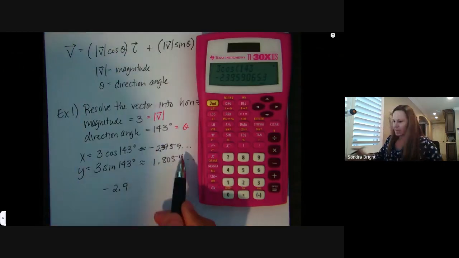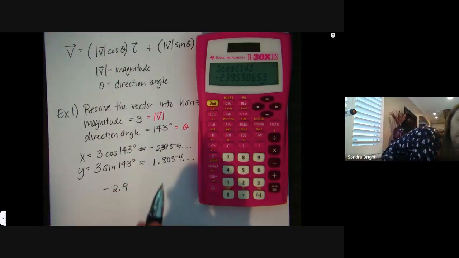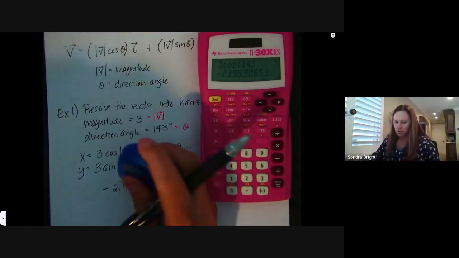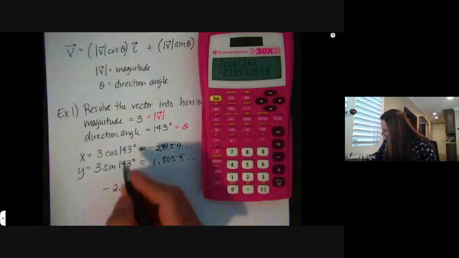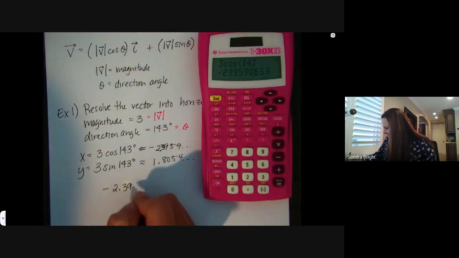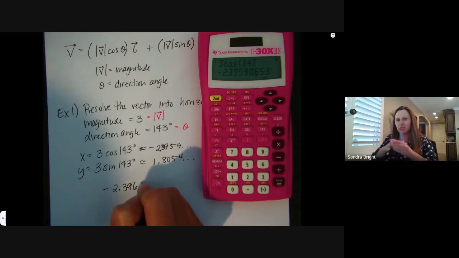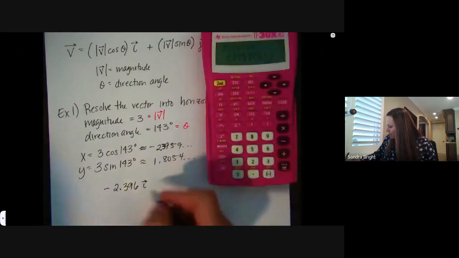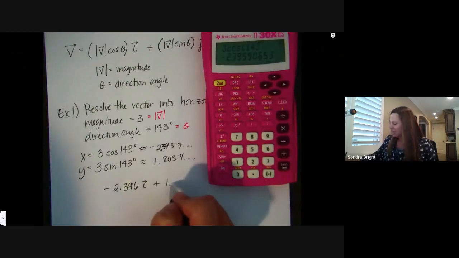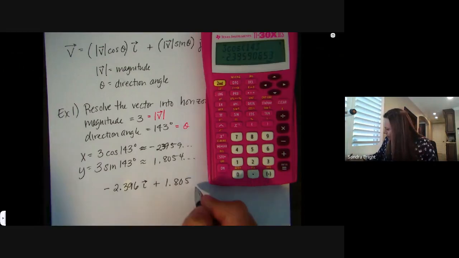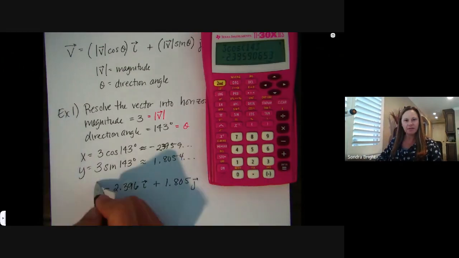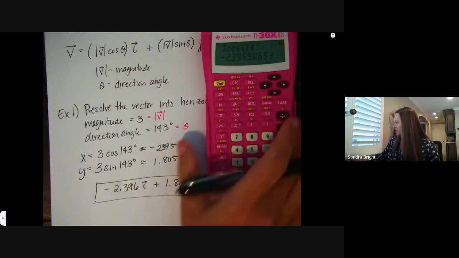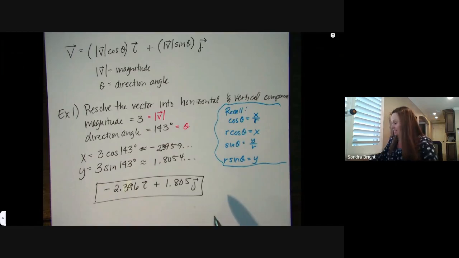Okay, so 2.396 if I'm going into 3 decimal places, times vector i. Vector i is just the horizontal unit vector. And then plus 1.805 times vector j. There you go. That's breaking it into its horizontal and vertical components, writing it in terms of i's and j's like that. All right, let's do another example.